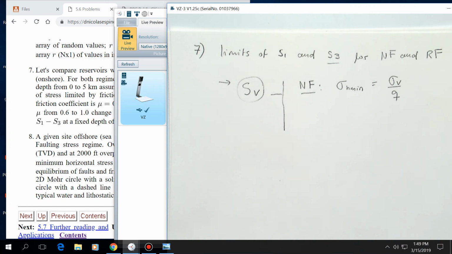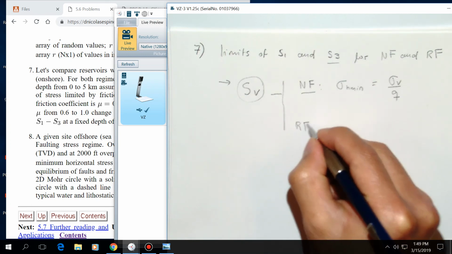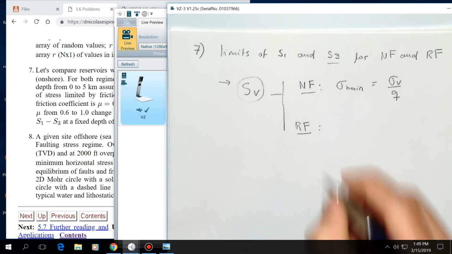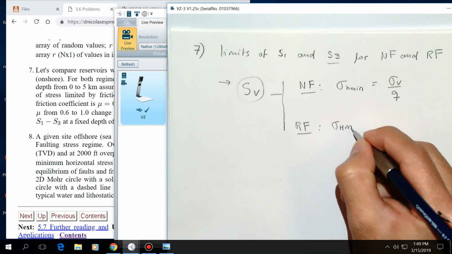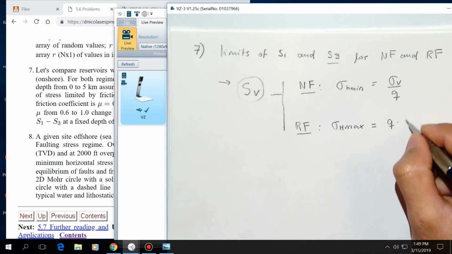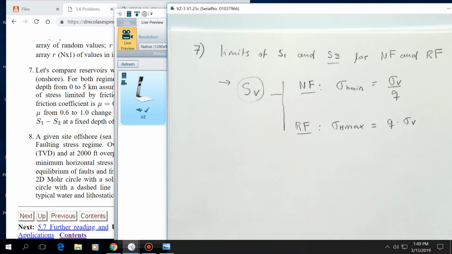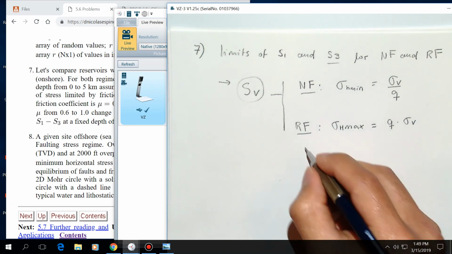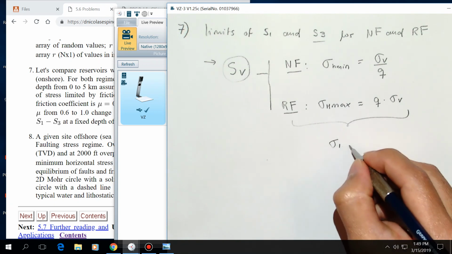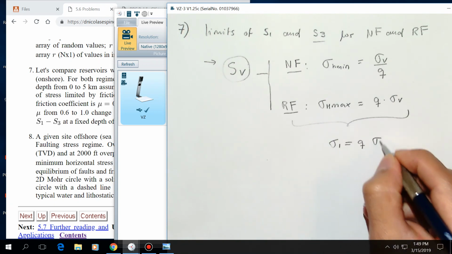And the opposite, if you are in reverse faulting and you know the value of sigma v, you're going to be able to calculate the value of sigma H max, because this is going to be just q times sigma v. Remember that for these two equations, I'm assuming that sigma 1 is equal to q sigma 3.